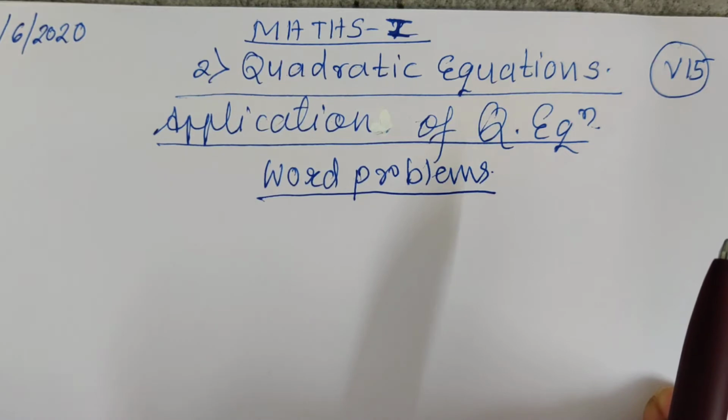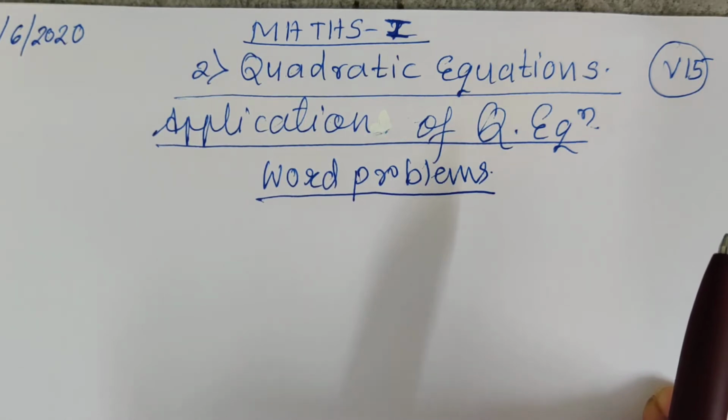The second important thing is that you will not get the answer directly from that word problem, but first you have to convert or form a quadratic equation. And once you get the quadratic equation, then you can use any method, maybe factorization, maybe completing the square, maybe the formula method. You can use any method and solve it. You will get the solution for the problem.